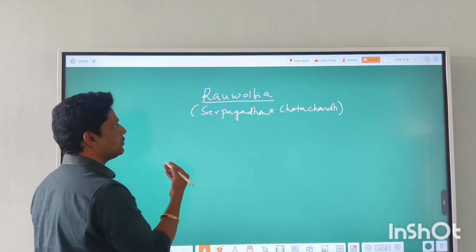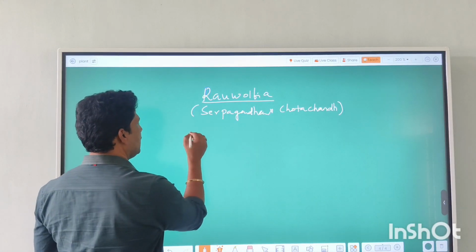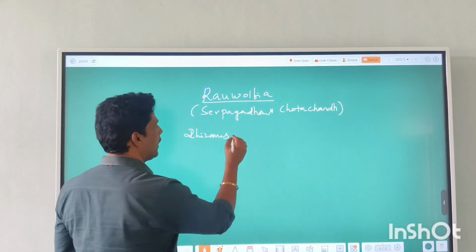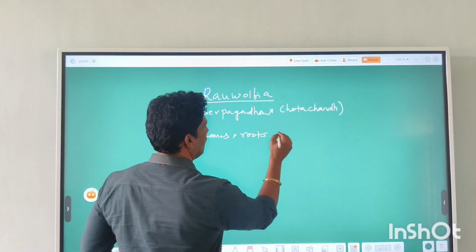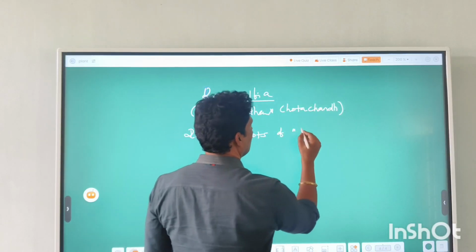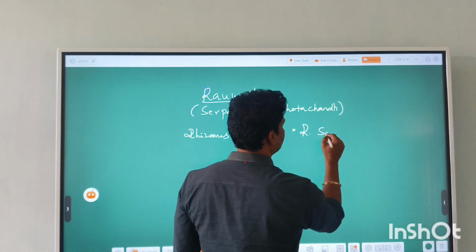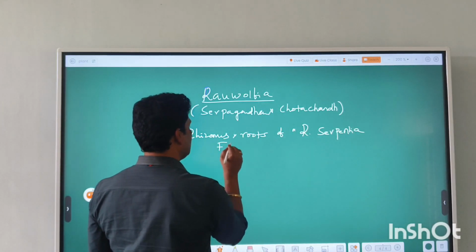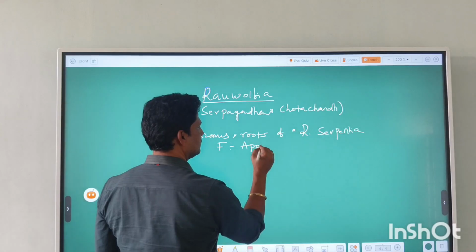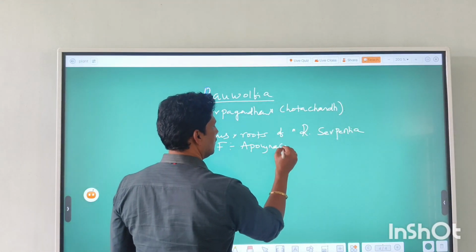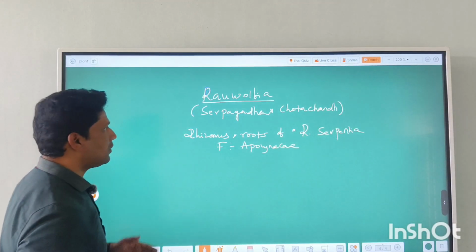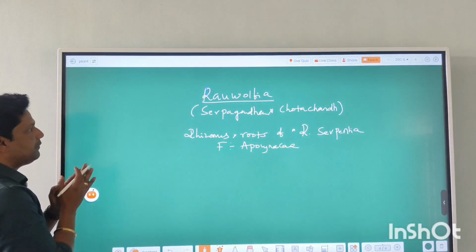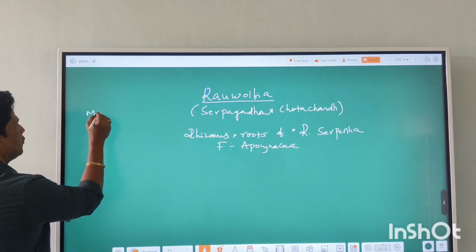Coming to the biological source, Rauwolfia consists of dried rhizomes and roots of Rauwolfia serpentina, family Apocynaceae.